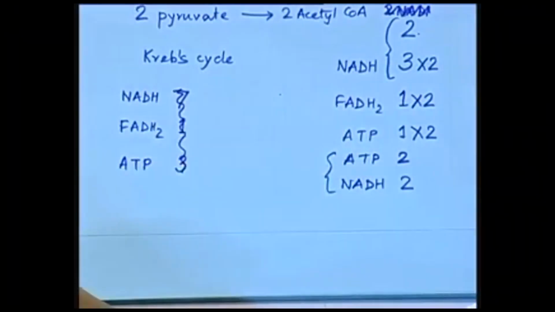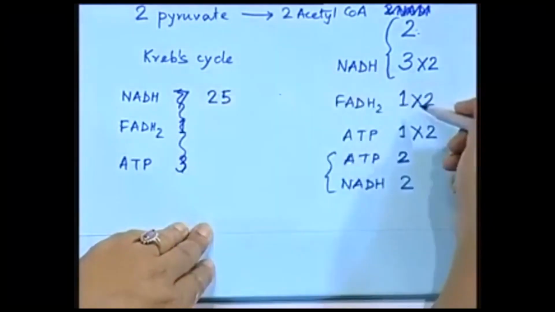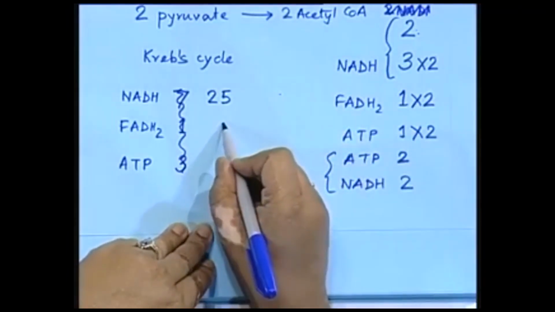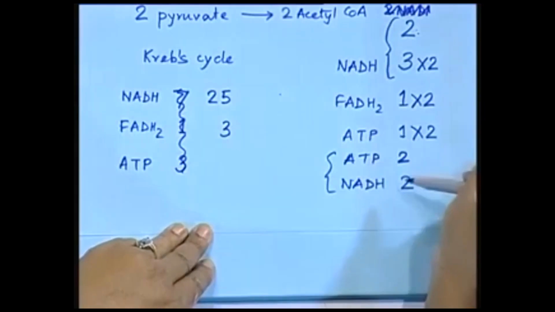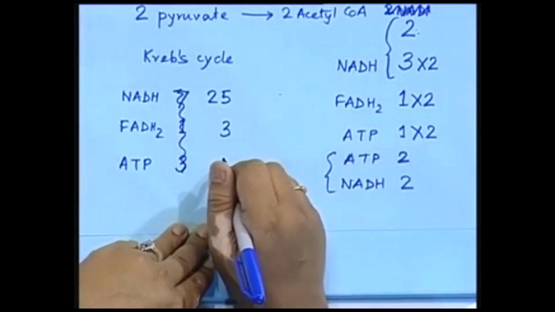We have 2, 8 here and 2, 10. So 10 into 2.5, 25, 2 into 1.5 and 4 ATP.